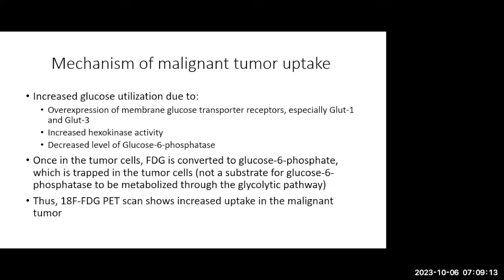So once inside the tumor cells, FDG is converted to FDG 6-phosphate, which is not a substrate for the enzyme that dephosphorylates it. Therefore, it is not a substrate for continuing through the glycolytic pathway and being metabolized.